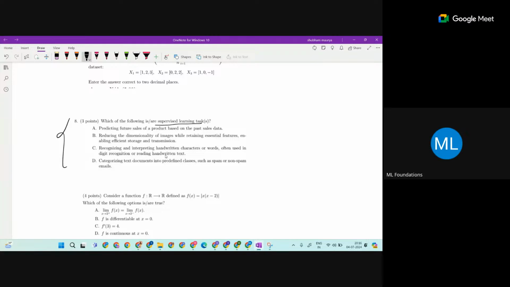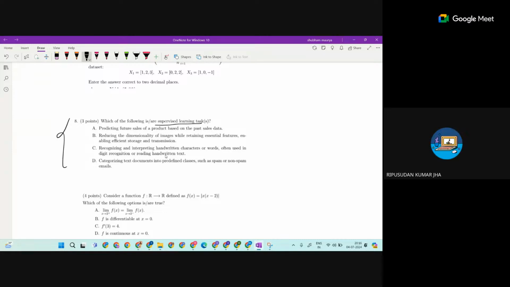Next, recognizing and interpreting handwritten characters or words, often used in digit recognition and reading handwritten text. Next, categorizing text documents into predefined classes. Which options are correct?